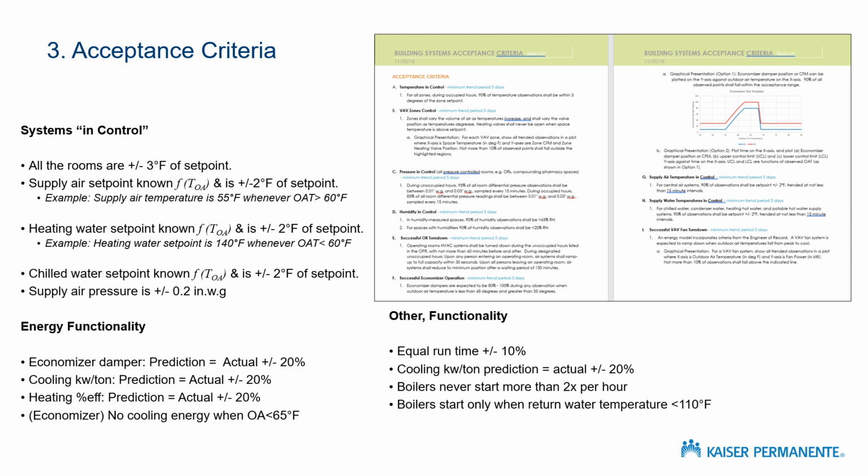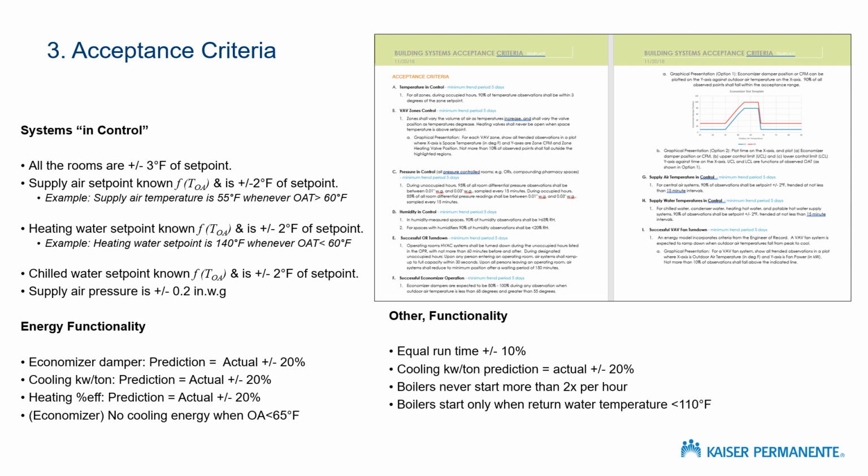Supply air temperatures and supply water temperatures need to be within plus or minus 2 of their set point. That means that those temperatures and those water systems are within control. There's also pressures, water pressures or supply air pressures. Those need to be plus or minus a reasonable latitude of their set point in order to be considered in control. So that's the first bucket of acceptance criteria.